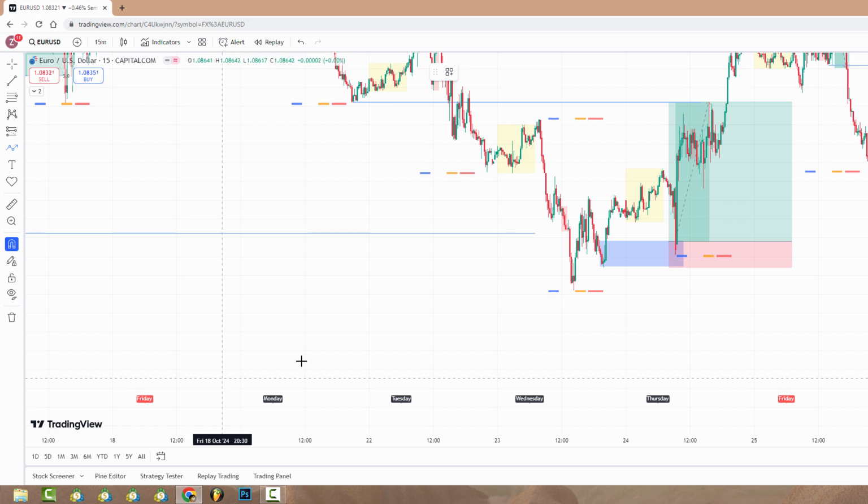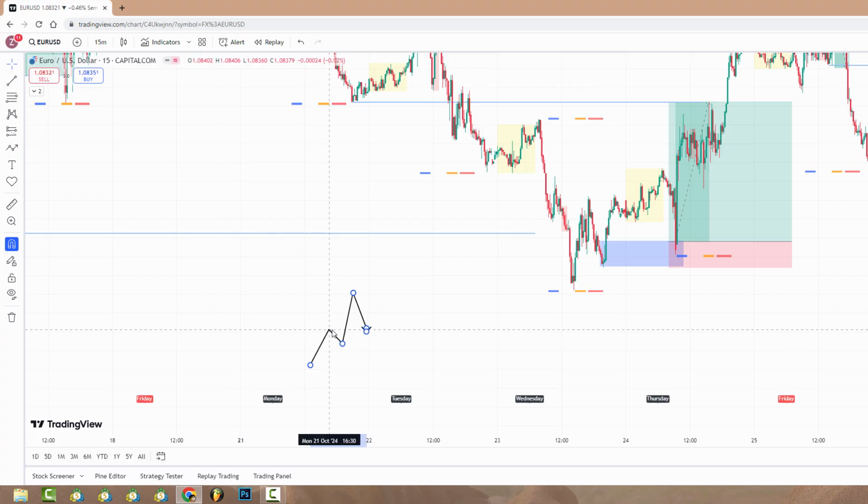What's happened essentially on EU, on a higher time frame, is that we made a move like this, something. I'm pretty bad at drawing, but let's say it's looking something like this on the higher time frame. This point is what we got here.